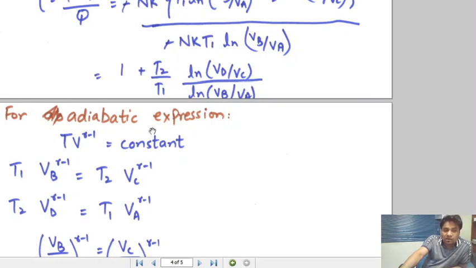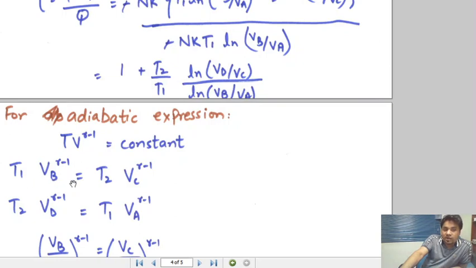I will leave these expressions to you to find out for the adiabatic processes. So we know that the adiabatic process is involved from B to C and D to A. So it means that this equation can be used for adiabatic processes.